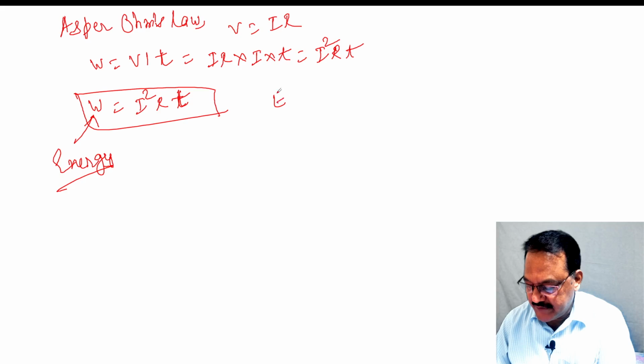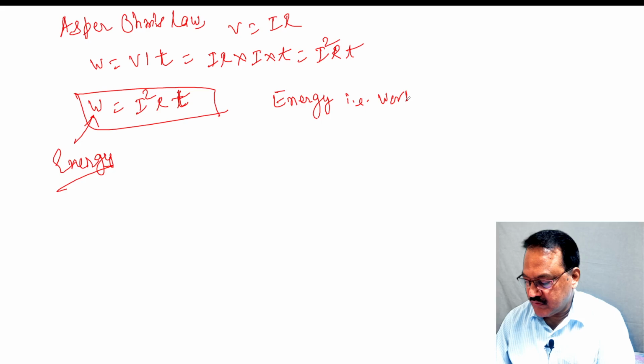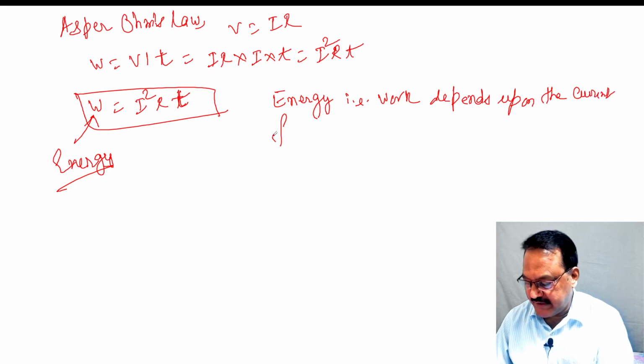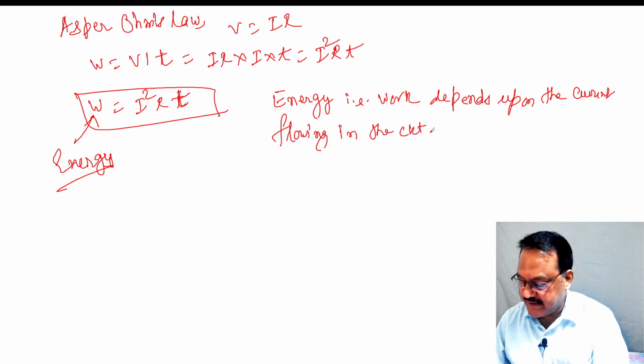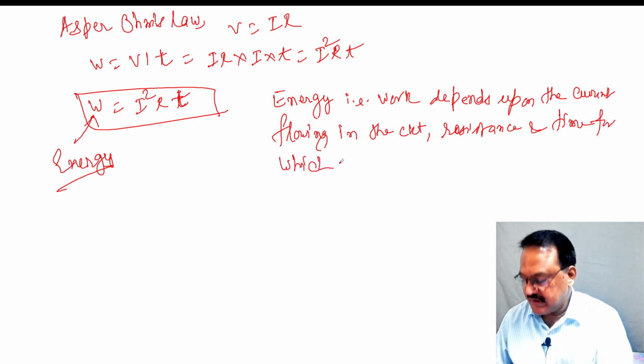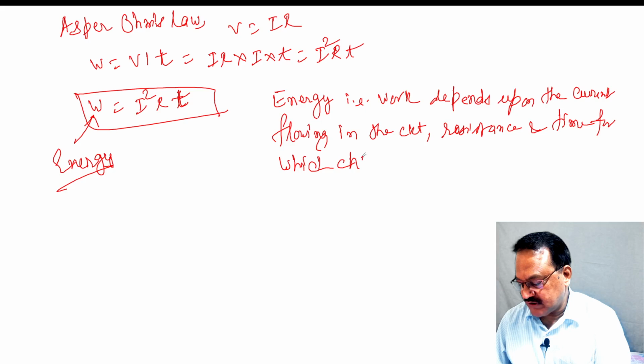Okay, we can write here energy, or that is work, depends upon the current flowing in the circuit, then the resistance of the circuit, and the time for which current or charge is flowing in the circuit.